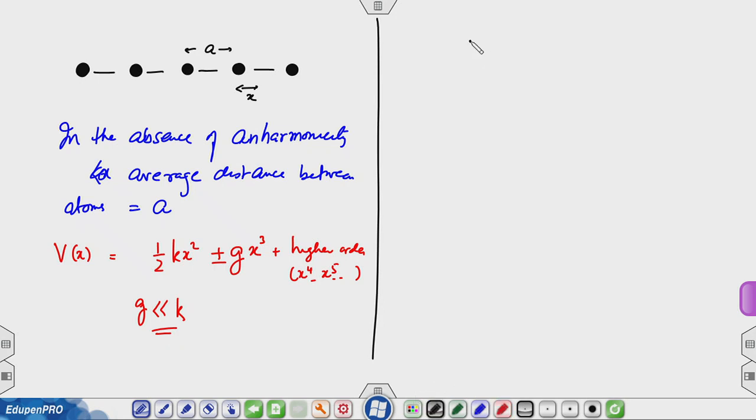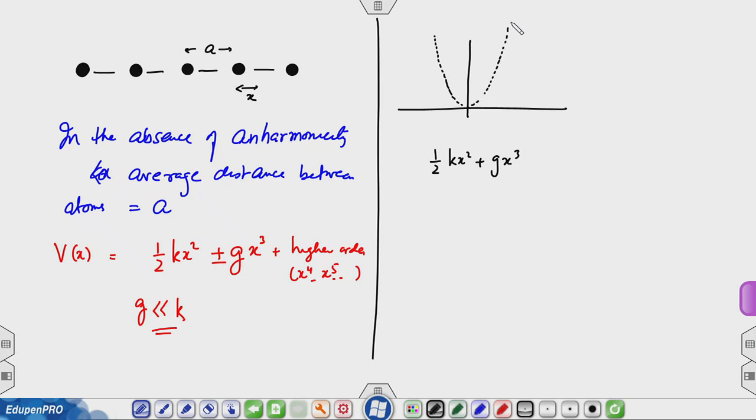So, if I take g to be positive, so that the potential is 1/2 k x square plus g x cube. Without the g x cube term, the potential would have been something like this.